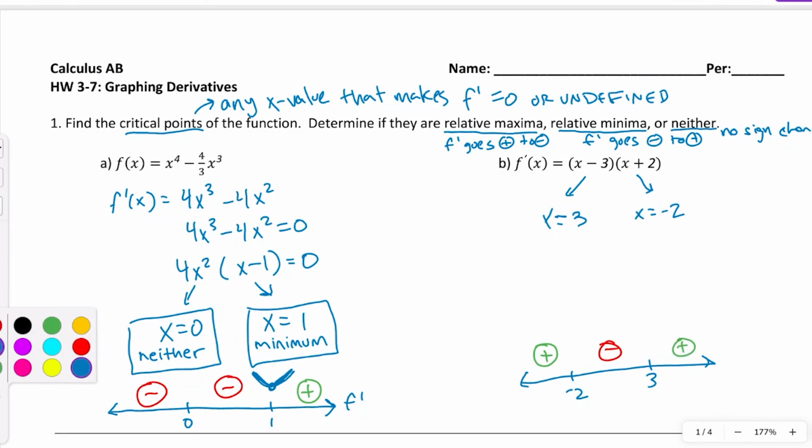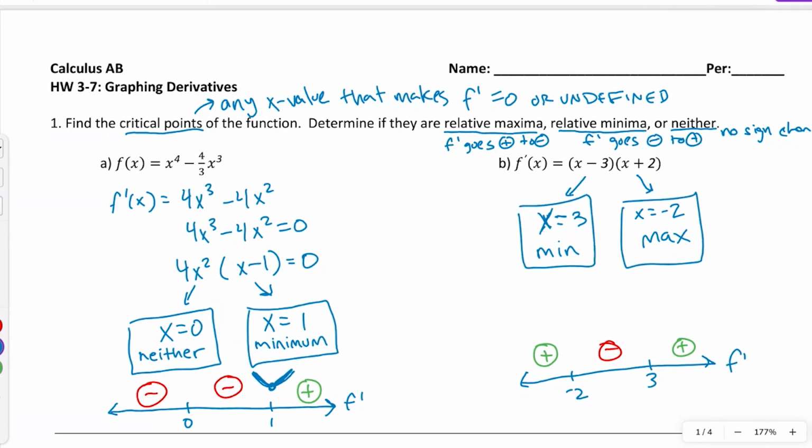So if our f prime, which is what we're working with here, goes from being positive to negative, we will have a relative maximum, and that is at -2, not at 3. If the function goes from being negative to positive, we have a relative minimum, and that is happening at 3.